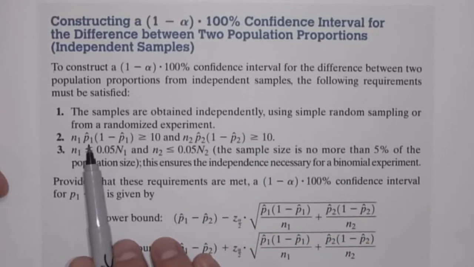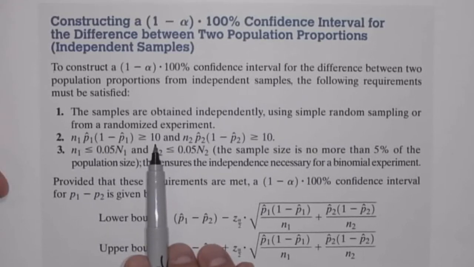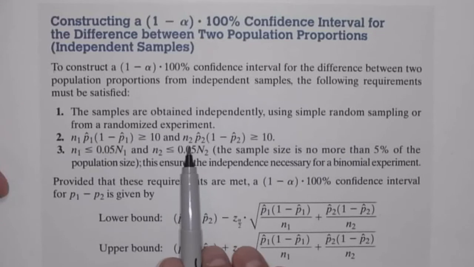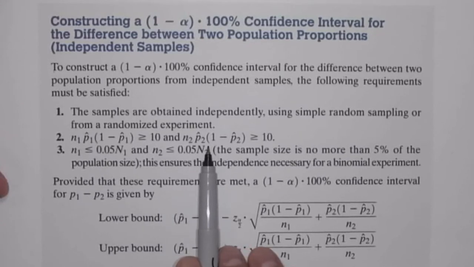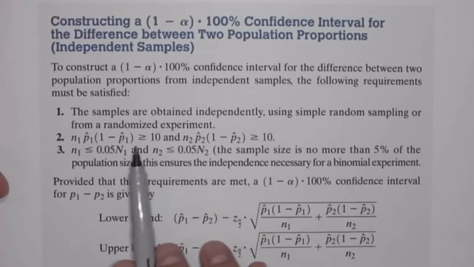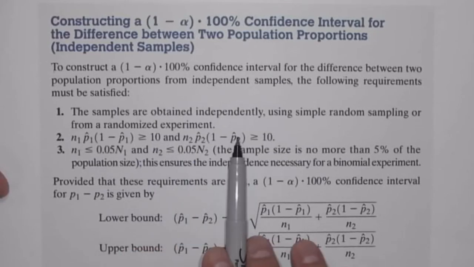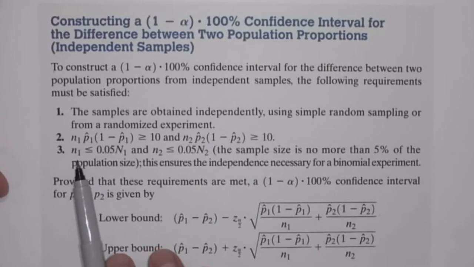2. N1 times p hat 1 times 1 minus p hat 1 must be greater than or equal to 10, and N2 times p hat 2 times 1 minus p hat 2 must be greater than or equal to 10. So both sampling distributions must have large samples so that we have a normal distribution. 3.